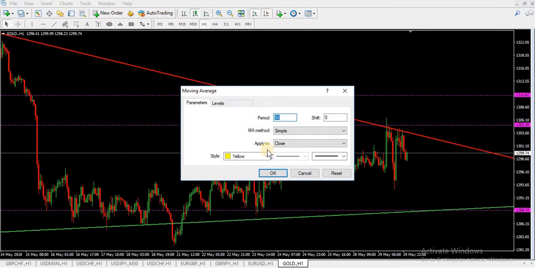Moving average: you want to make this a 7, and it's simple, it's yellow. Make this line thin. Oh, by the way, this very strategy that you see, I call aka Pegasus, meaning the flying horse.